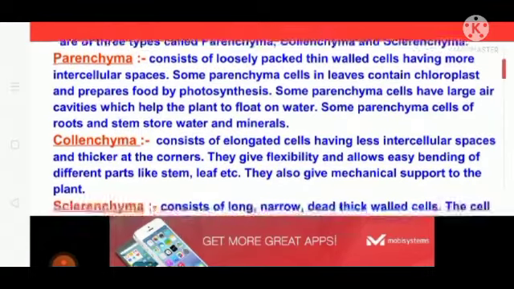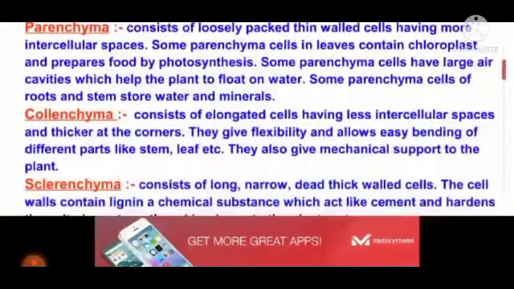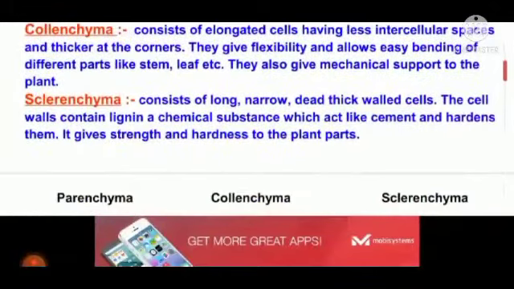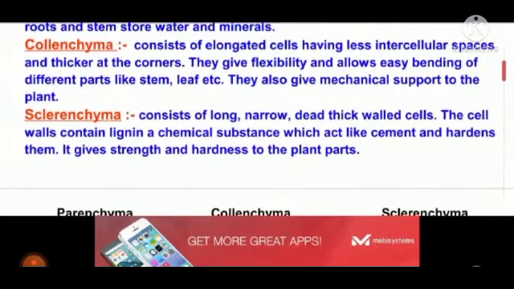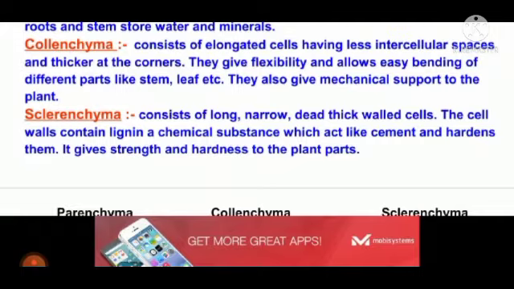Now we will discuss about sclerenchyma. It is called lignified tissue. It is developed from parenchyma. These tissue have deposition of cement-like substance on its wall called lignin. That is why they are called lignified tissue.